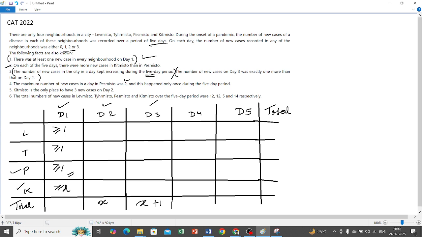So I can put 2 only once in this particular row. Where, I don't know, that we will manage. Now see, Kitmisto is the only place to have 3 new cases on day 2, fine. So on day 2, only in Kitmisto have 3 cases occurred. Kitmisto is the only neighborhood where 3 cases occurred on day 2.